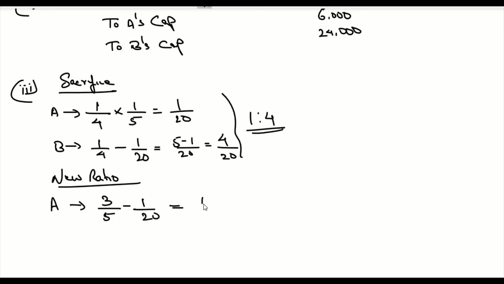That will give 11/20. And B, his original share is 2/5 minus his sacrifice, which is 4/20. That gives again 4/20.